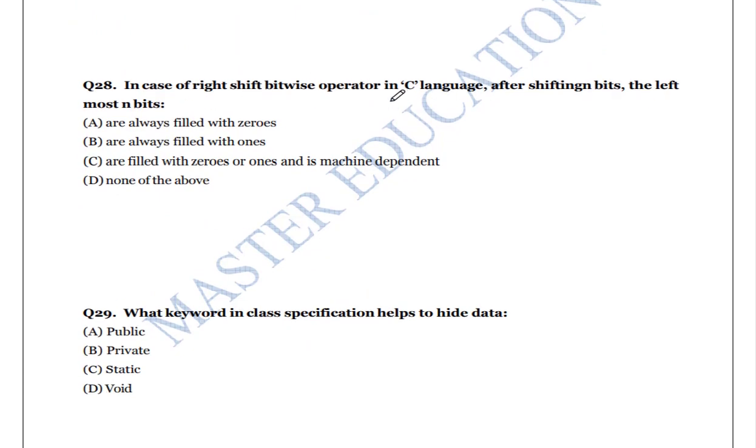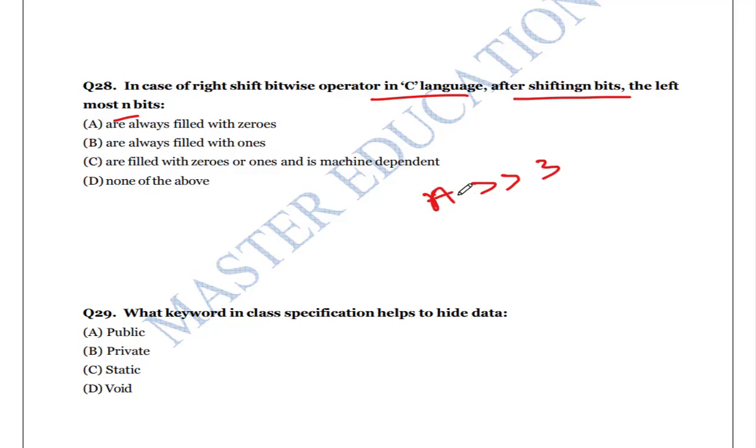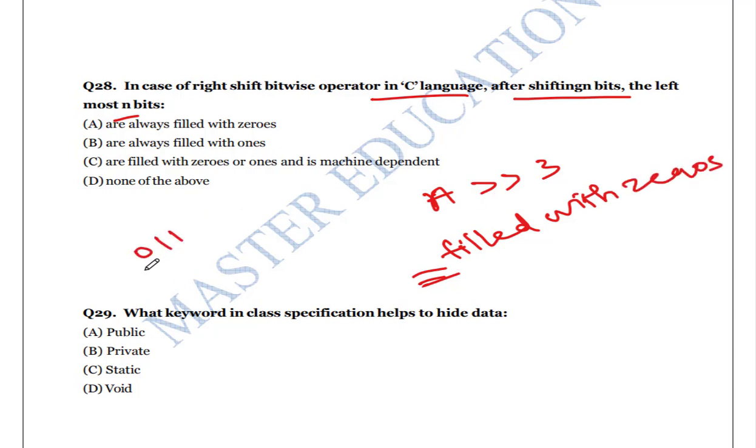The next question, in case of right shift bitwise operator in C language, after shifting a by n bits, the leftmost n bits. So if you are right shifting, okay, right shifting by 3. So if the variable a is right shifted, what happens, the left side n bits are filled with 0, filled with zeros. So consider this value, if a is equal to this, so I am right shifting by 3.